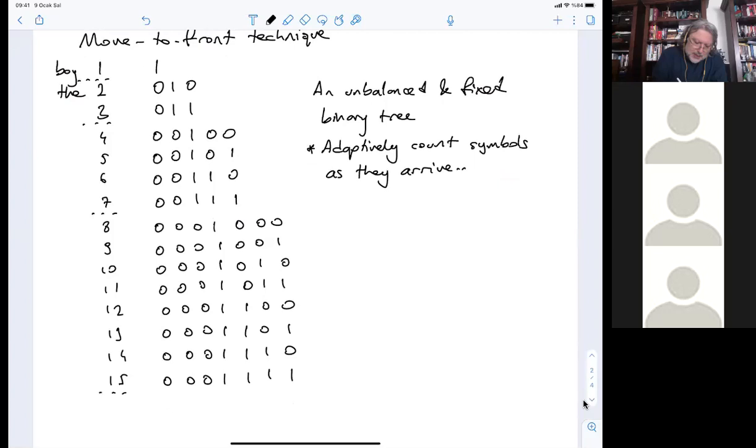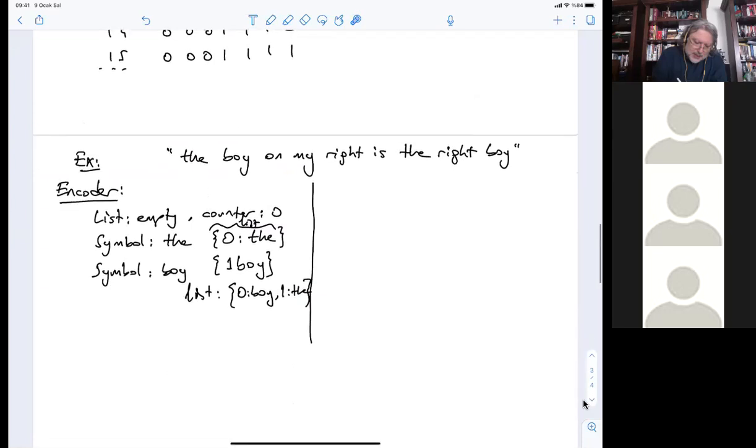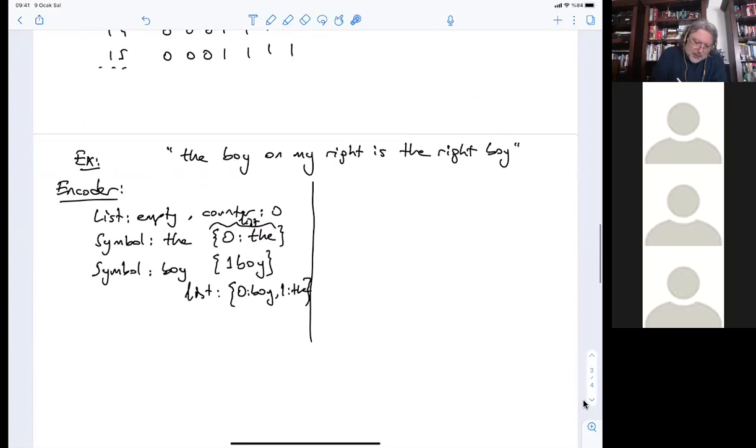But the next word is "on", and since it's not in the list, I will have to emit it as 2, on, because 0 and 1 are already full, and this is a new symbol.